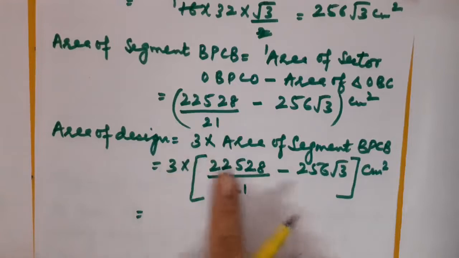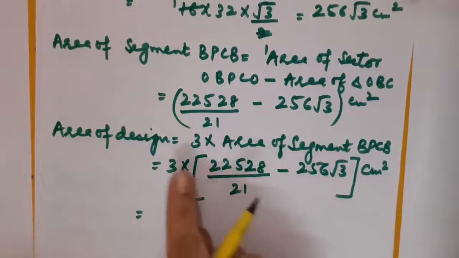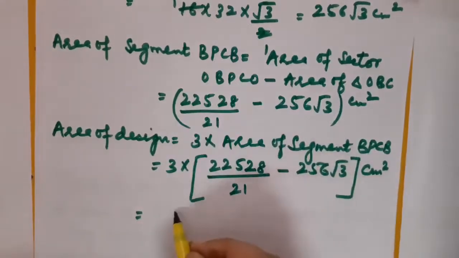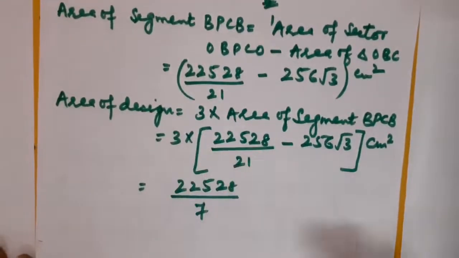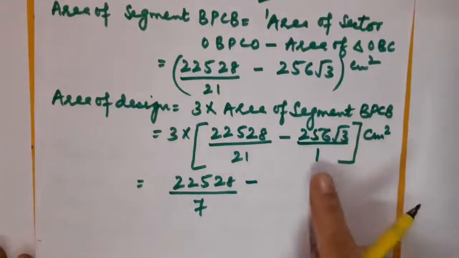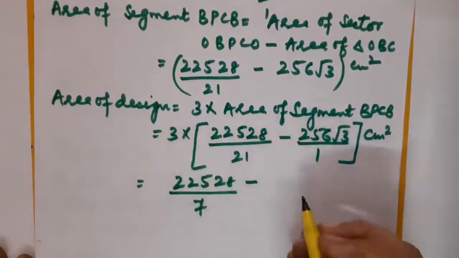Now children, this 3 you can take inside. 3 will be multiplied by this number as well as it will be multiplied by this number also. So I will be getting 22,528 upon 7 because 3 ones are 3, 3 sevens are 21, minus. Here there is nothing in denominator. So 256 will be multiplied by 3.